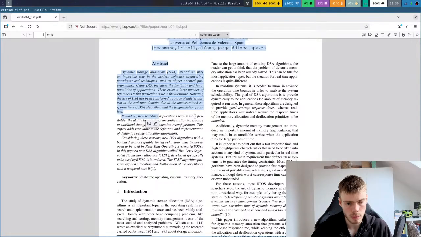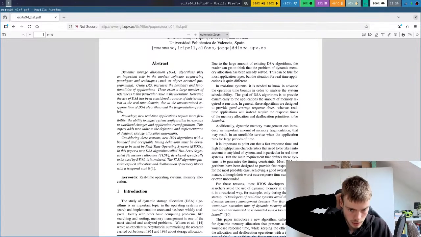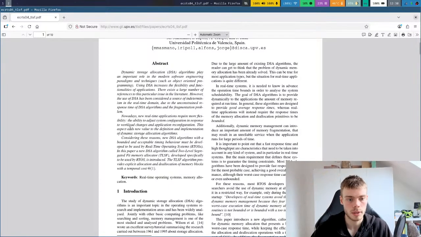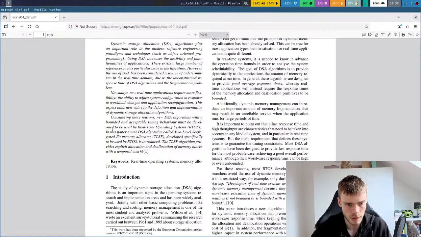Nowadays, new real-time applications require more flexibility, the ability to adjust system configuration and workload changes and application configuration. This aspect adds new value to the definition and implementation of dynamic storage allocation algorithms. Considering these reasons, new DSA algorithms with a bounded and acceptable timing behavior must be developed to be used by real-time operating systems, RTOSs.